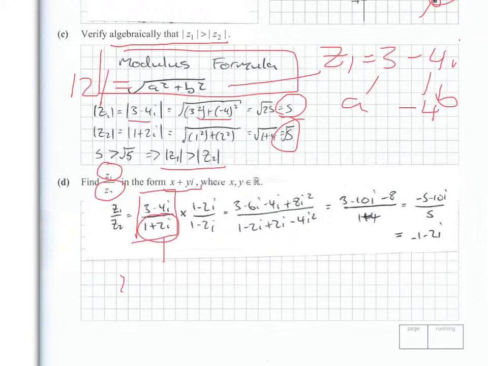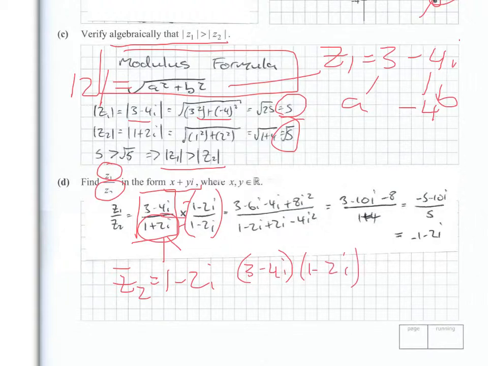You find the z2 bar, which is 1 minus 2i, and you multiply above and below by the conjugate of this lower one. And be careful, it's like multiplying out factors, 3 minus 4i by 1 minus 2i up here. That's factors, so you get 3 by 1 is 3, 3 by minus 2i is minus 6i, and so on. Okay, and you do the same under here.